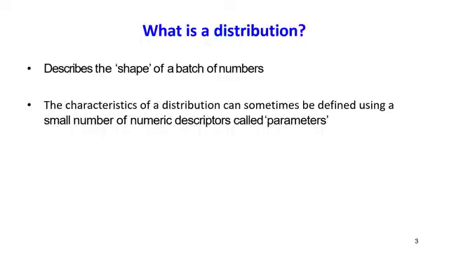The characteristics of this distribution can change based on certain parameters. For example, the standard normal distribution has certain characteristics where the mean is equal to 0 and the standard deviation is equal to 1. They have defined it as the Z distribution.